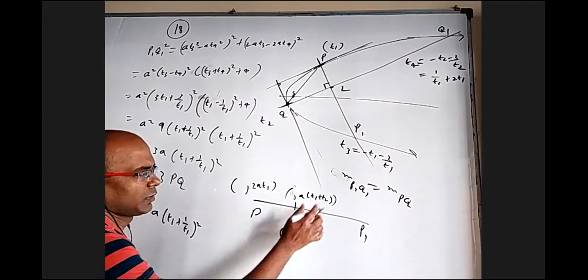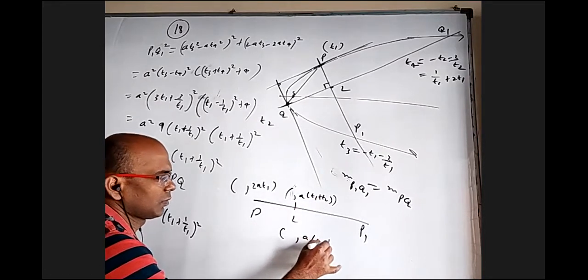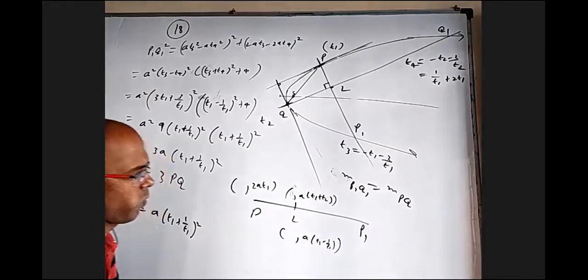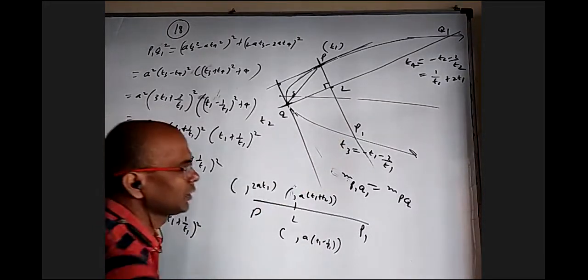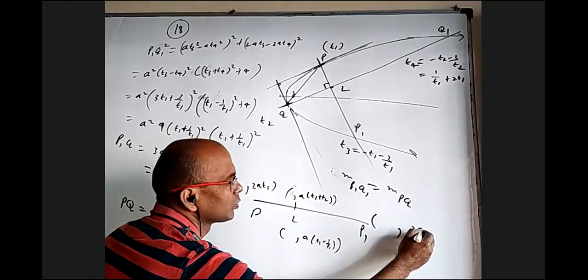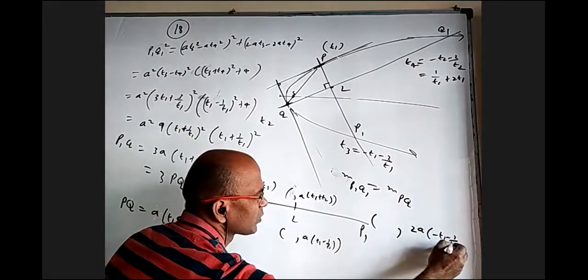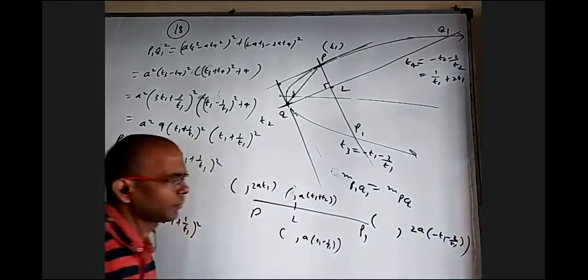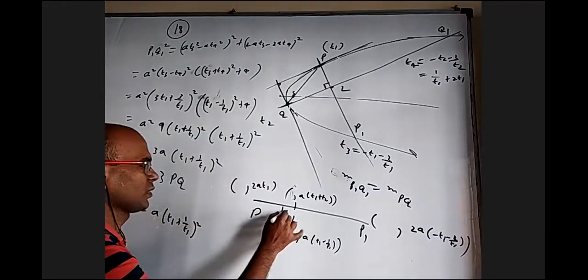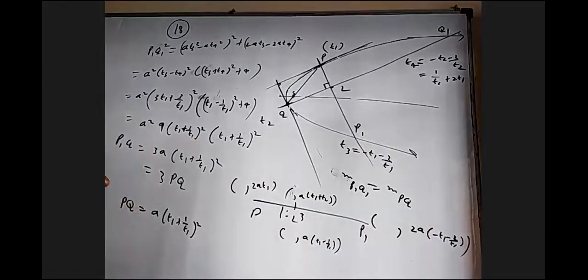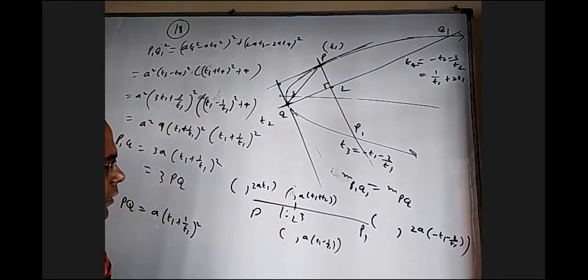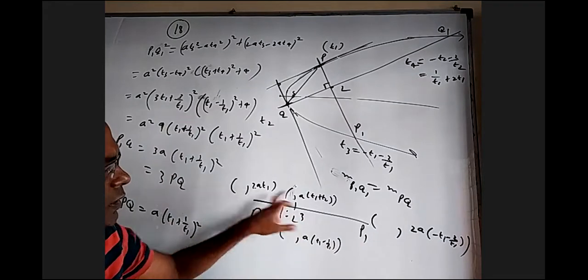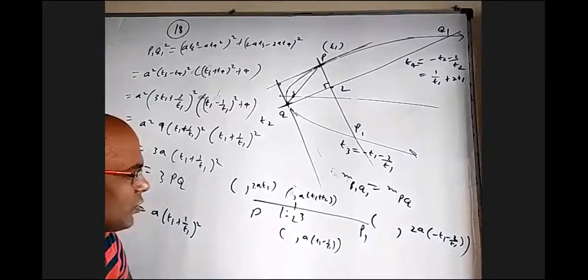And in the place of t2, I can write minus 1 by t1. So t1 minus 1 by t1. What about this point by coordinate? 2a into minus t1 minus 2 by t1. Is this 1:3? 1 into this plus 3 into this by 1 plus 3. Will it come to this? 6 minus 2, minus 4. Yes, it's coming.